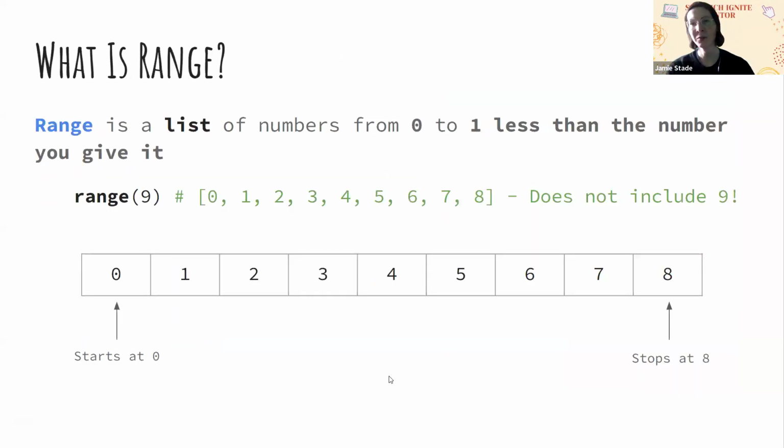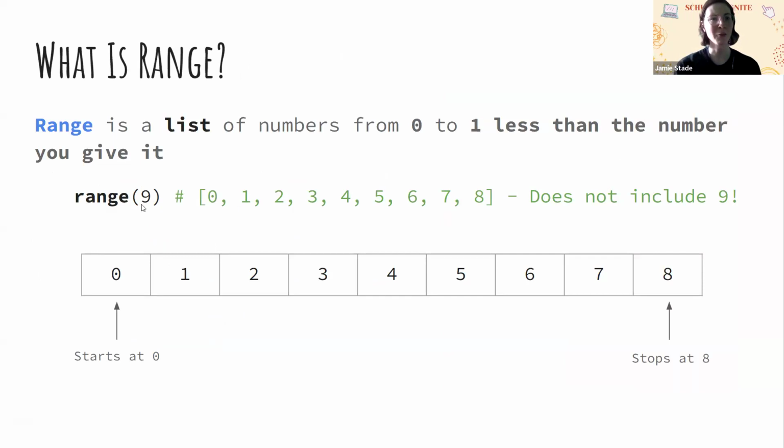What we can do is define a range. Range is a function that'll give you a list with however many numbers you pass into it. For example, range 9 will give you the list of numbers ranging from 0 to 1 less than the number you give it.